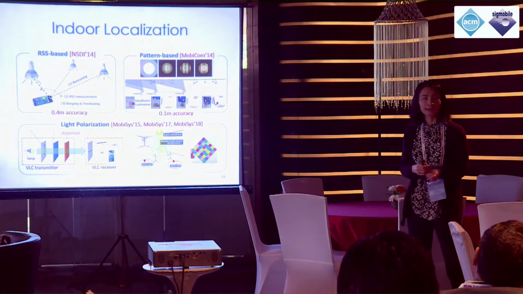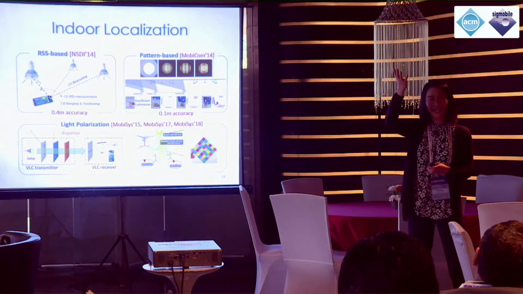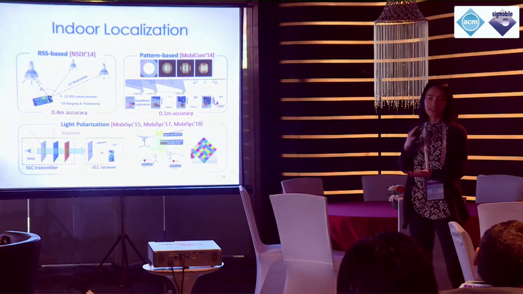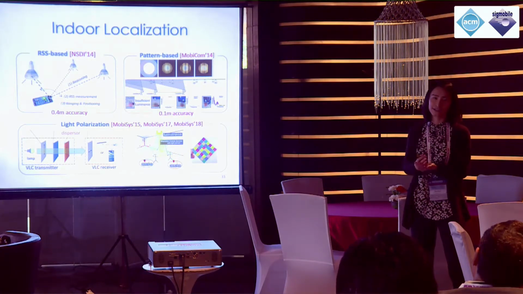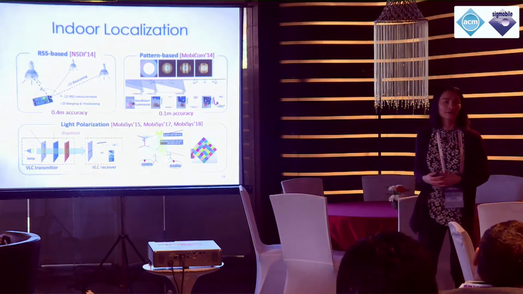The paper in this year's MobiCom is more passive. They add a transparent tape in front of the light cover to project a static pattern of light polarization, and consider a combination of light and inertia sensors to determine the location of a device.